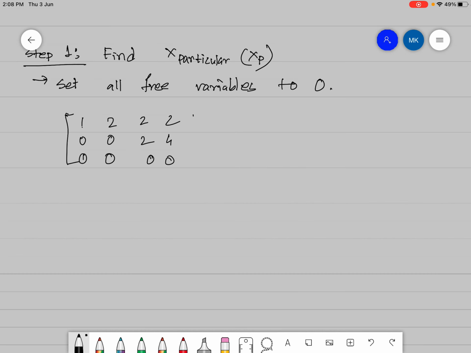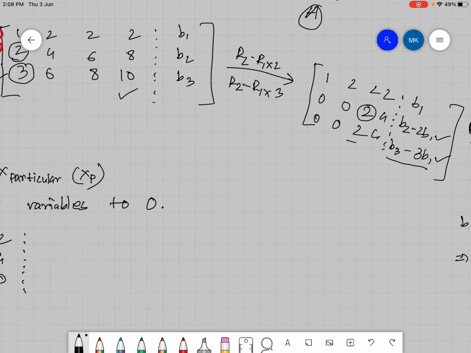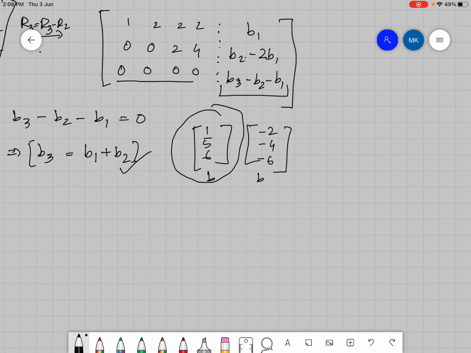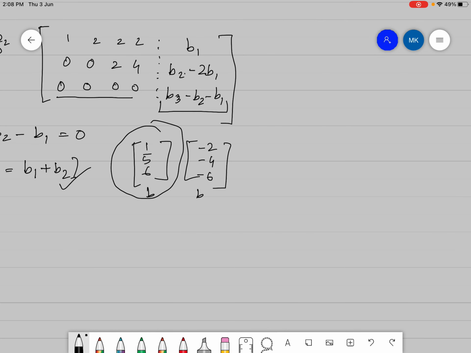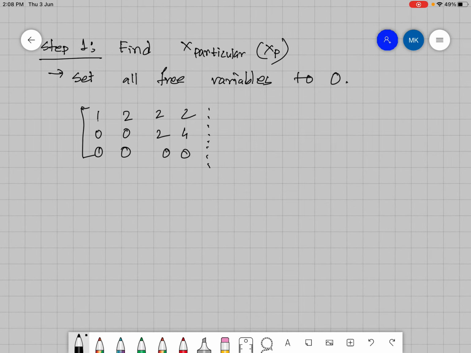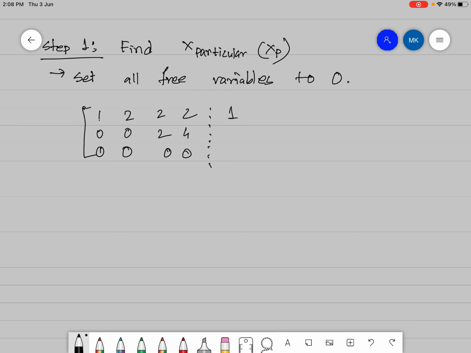If we have 1 5 6, then this would be 1, this would be 5 minus 2 into 1, then this would be 3, and this would be definitely 0. So the last row would be 1 3 and 0.